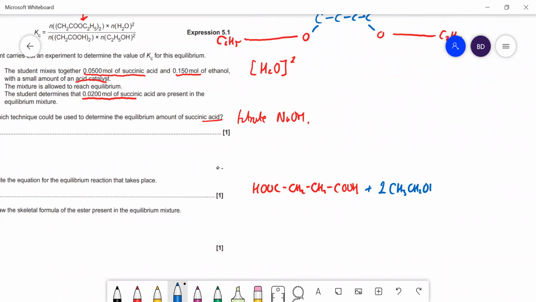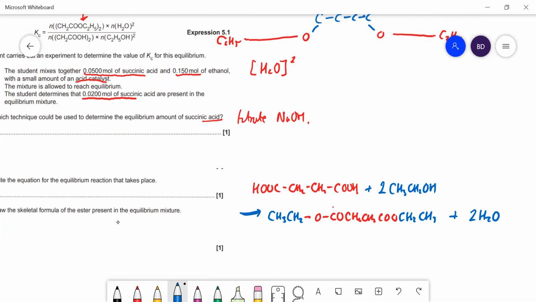I'm going to write it down like that, and that is going to form the ester, which is going to be CH2, CH2, COO, and then we've got our other ethanol there, CH2, CH3, plus water. We're going to have 2 waters formed, so we get a water for each ester linkage formed. That's the equation there. It's too long to draw on one line, so I've drawn it on 2 lines.